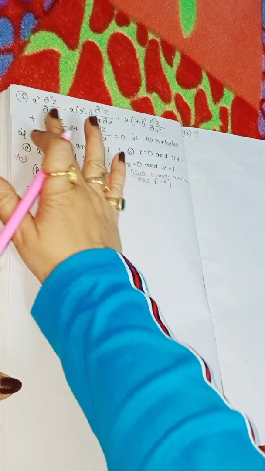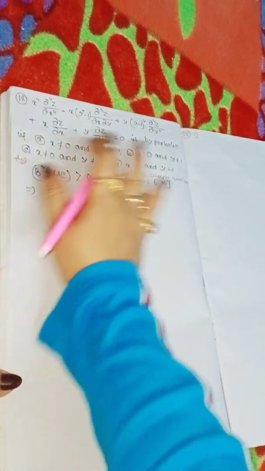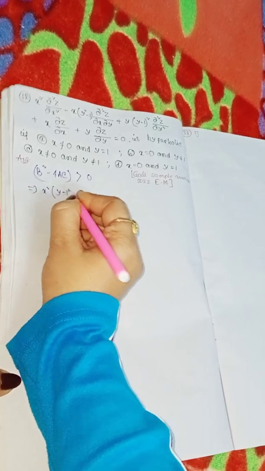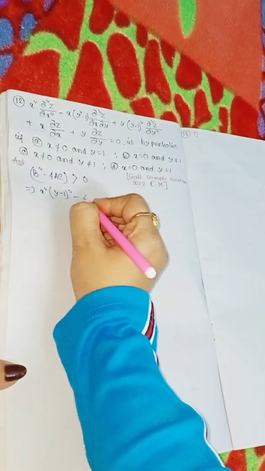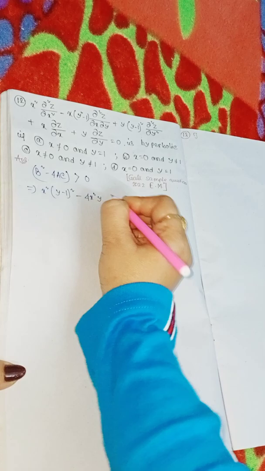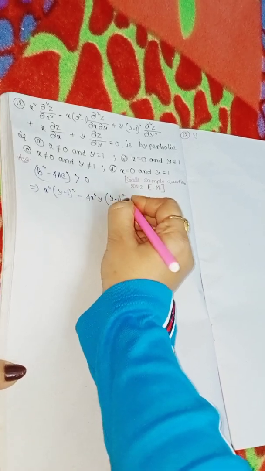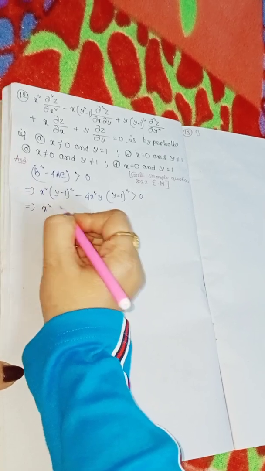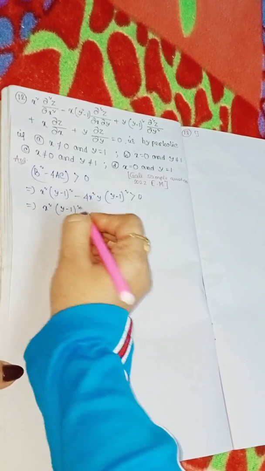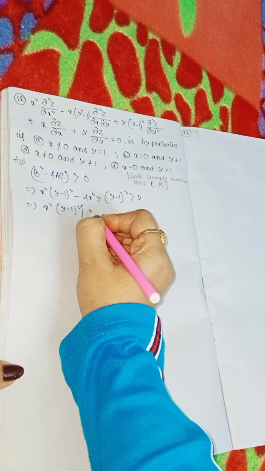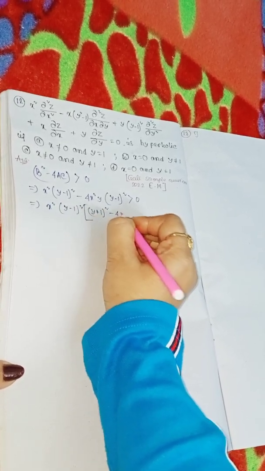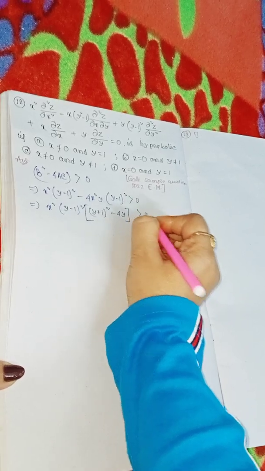Now this is a second order differential equation. So now x²(y−1)² minus 4x²y(y−1)² is greater than 0. That implies x²(y−1)²[(y+1)² − 4y] greater than 0.